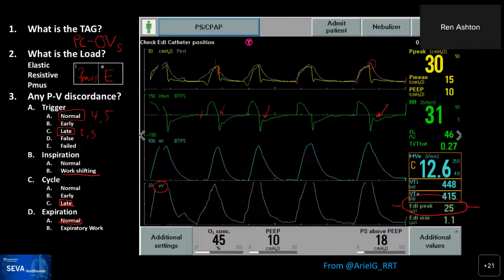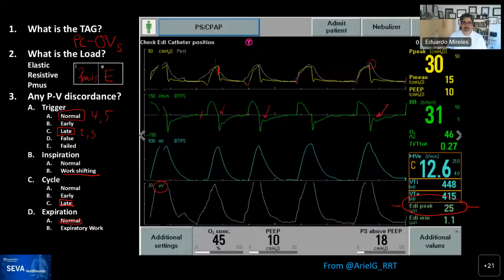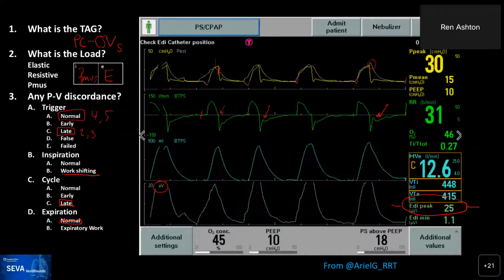The only thing I have to say is, we have pressure support and overlay the EDI. I don't know if we can compare the tracing of the EDI, because at that time it's not assisting the patient with pressure support. So I was thinking that maybe the work shifting should be done versus a perfect square graphic on pressure support. I wouldn't take the EDI as a reference at that point.